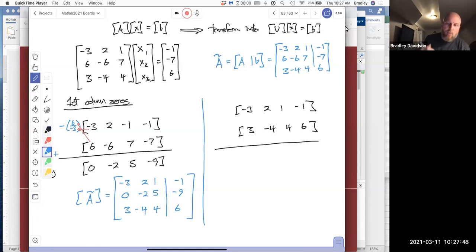And then our multiplying factor is going to be our 3 in the numerator divided by -3 in the denominator. And then we multiply the entire thing by the -1 rather. Okay, and then when we add these two together, then we get 0, -2, 3, and -7.